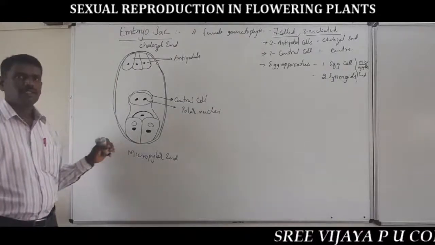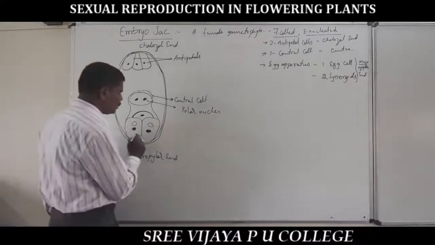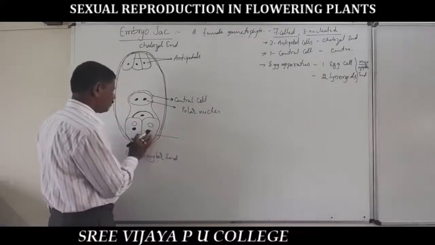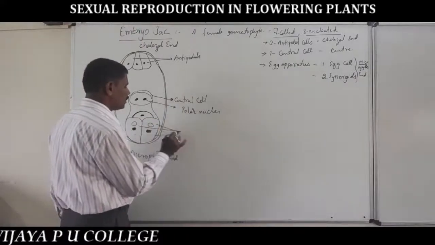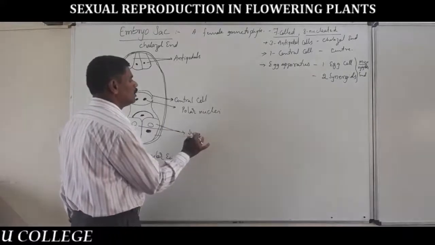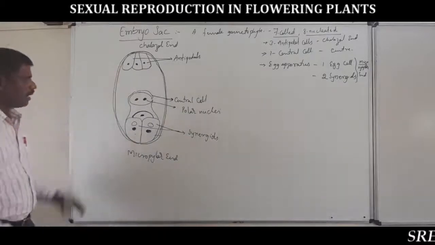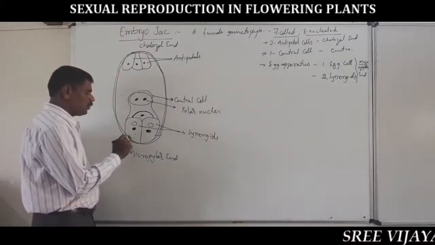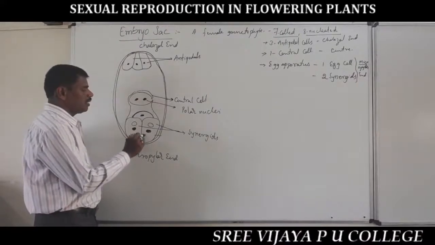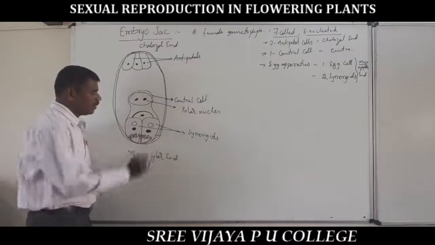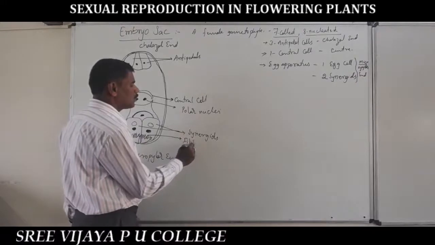At the micropylar end, there are two synergids. On the wall of the synergids, there are a number of finger-like projections, and these are called the filiform apparatus.